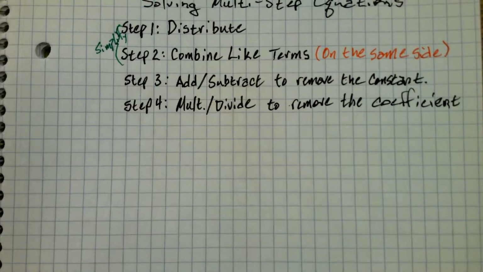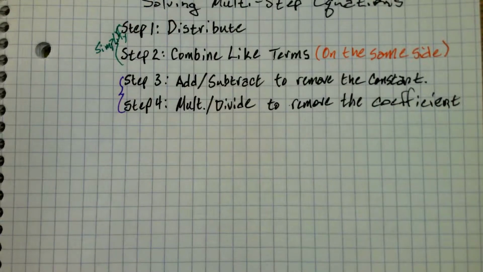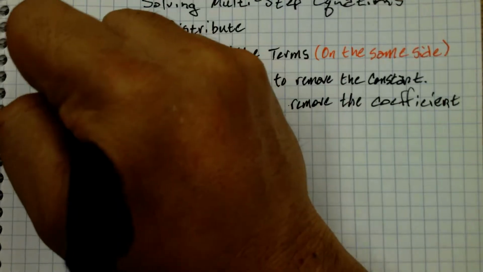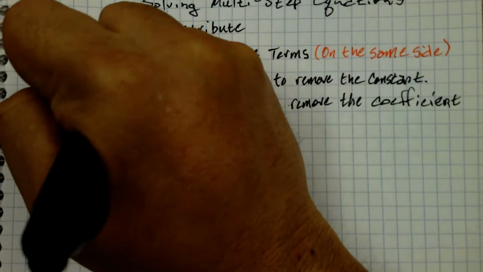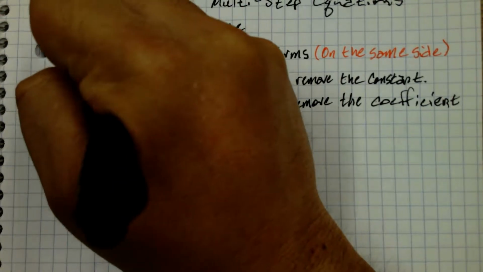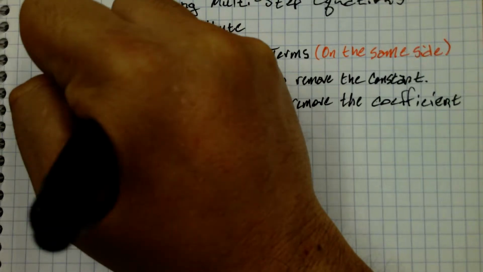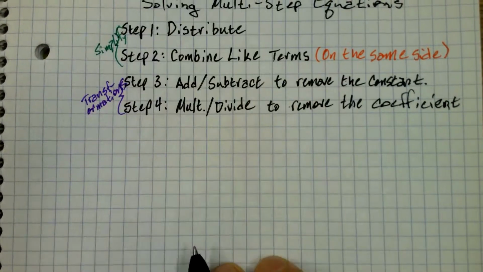And steps 3 and 4 are what we call transformations. That's where you're adding or subtracting, multiplying or dividing on both sides to really get rid of those numbers. So these are transformations.